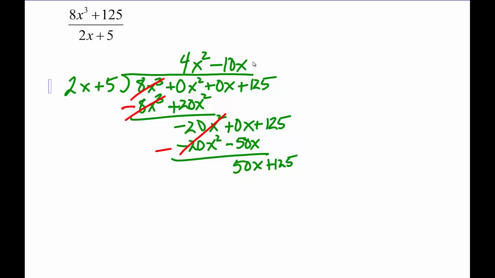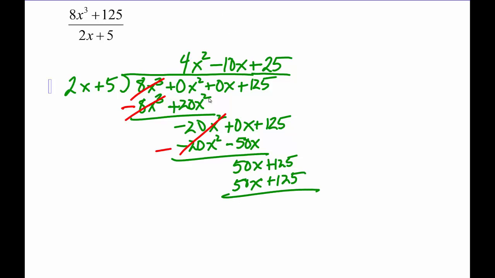Now we ask ourselves, what would we multiply 2x by to get 50x, or how many times does 2x go into 50x? Well, that's 25 times. So we have a plus 25 up here. And so we do our multiplication again. 25 times 2x is 50x. Then 25 times 5 is 125.